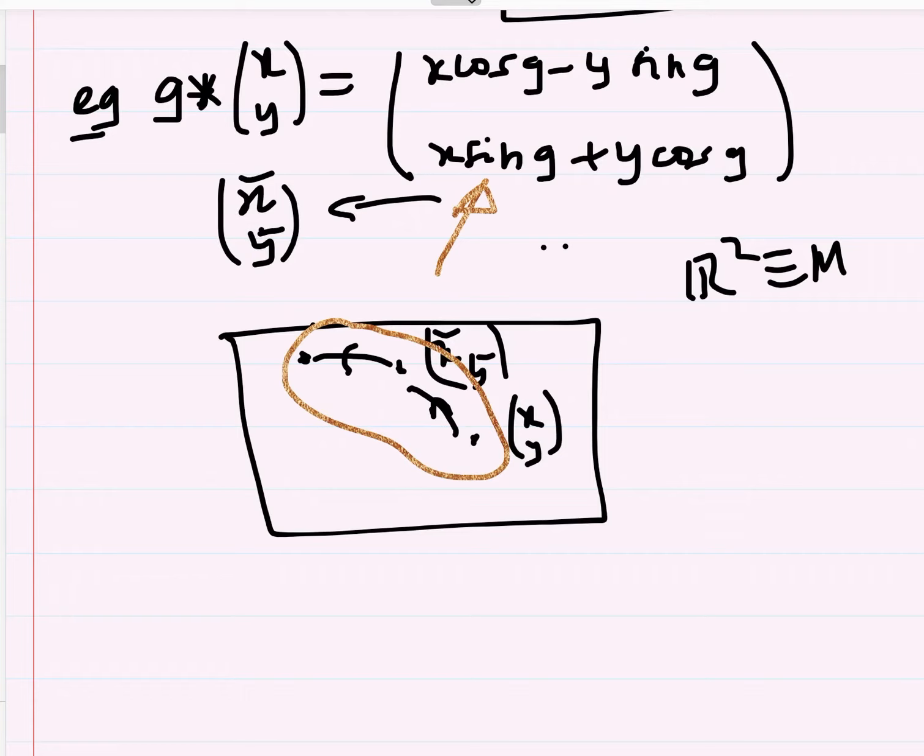And we can determine the tangent at each point. We just differentiate the first coordinate with respect to the parameter g, the second coordinate with respect to the parameter g, etc., etc. So every one parameter Lie group of transformation like that is tracing a curve.